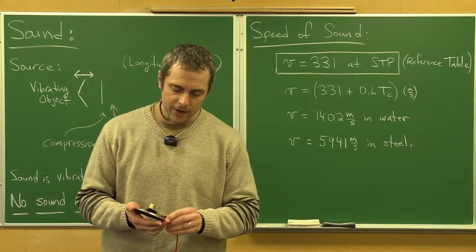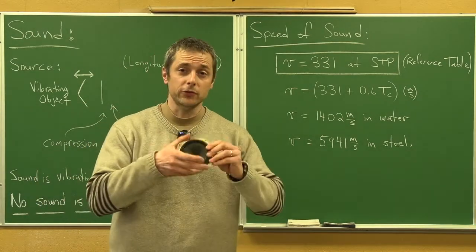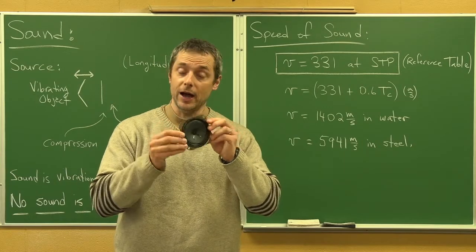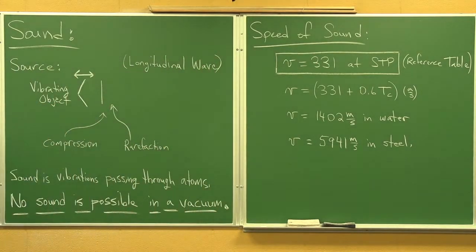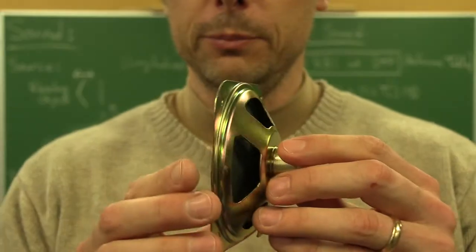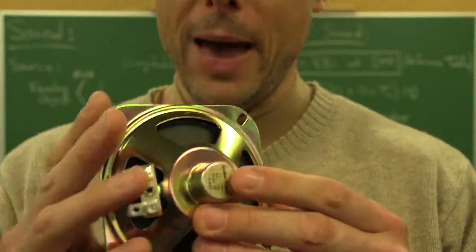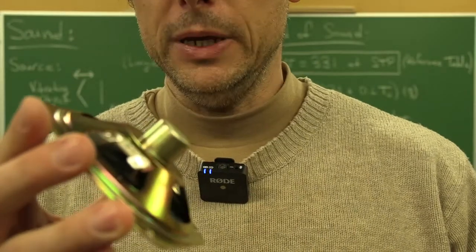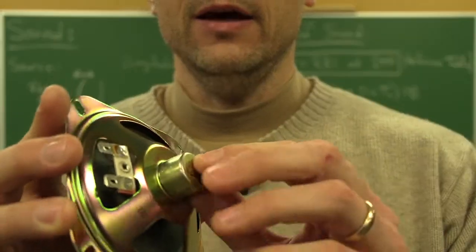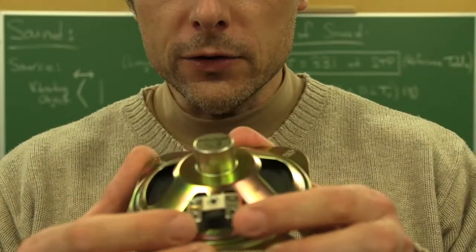Before we get there, I first want to come closer so you can see how the speaker is constructed, and it'll tell us essentially what kind of wave is being created. What we have here is a magnet in the back of the speaker, and then inside we feed a current through here.